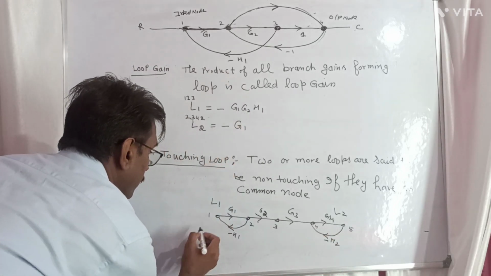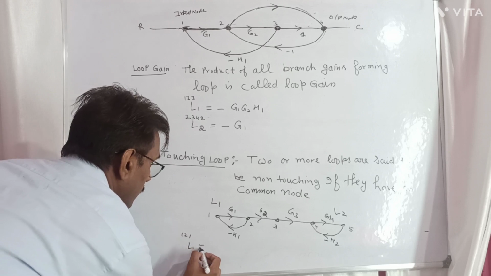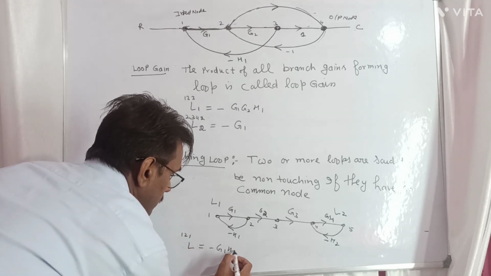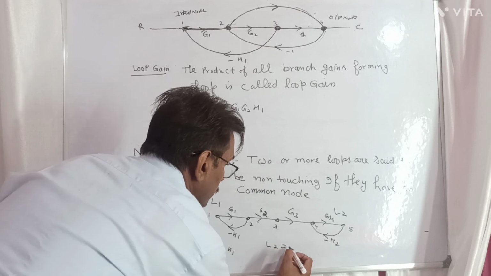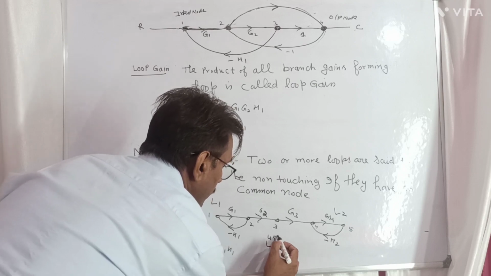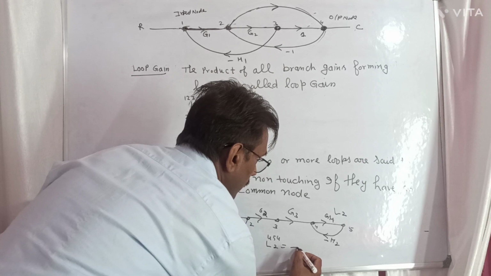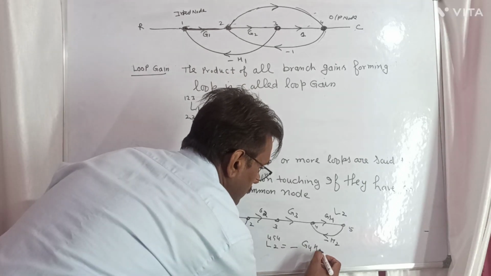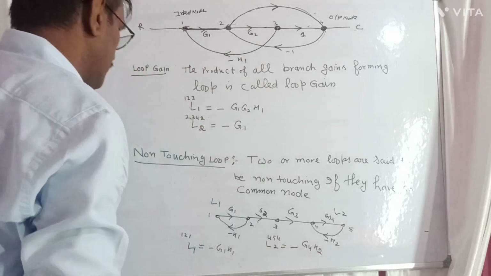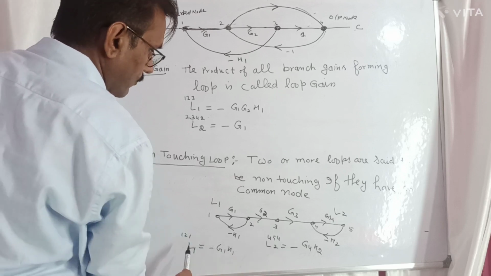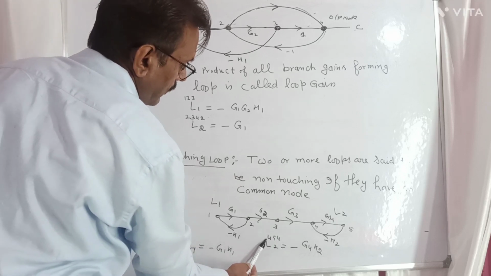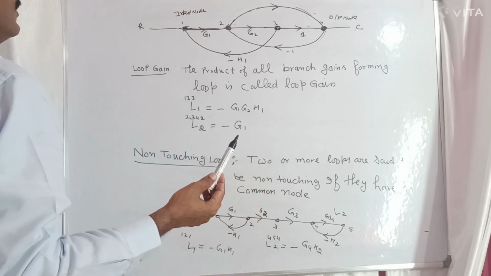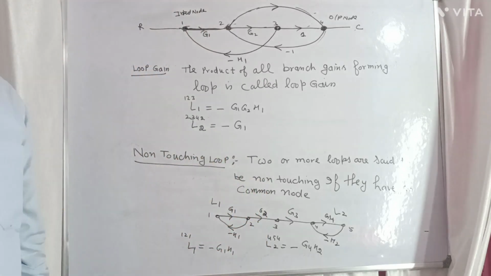L1 is made up of 1 2 1. The gain is minus g1 h1. L2 is made up from 4 5 4. The gain is minus g4 h2. So these are the non-touching loops, because there is no common node between them. This is made from 1 2 1, this is made from 4 5 4. So these are called non-touching loops.